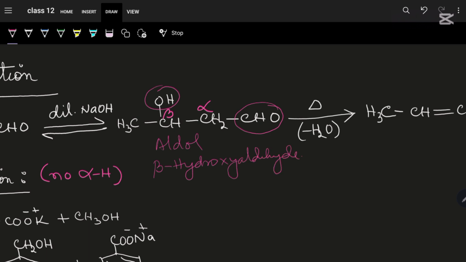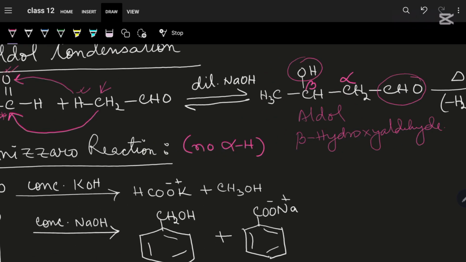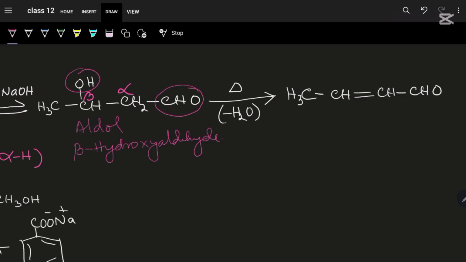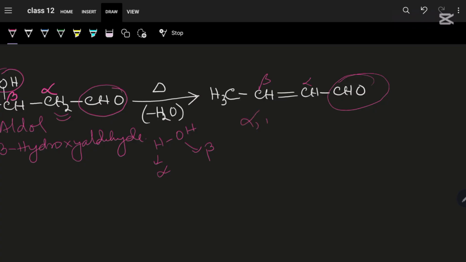If you obtain a ketol, that means you are starting from a ketone containing alpha hydrogen. Now when you heat it, condensation means removal of a neutral molecule. So when you heat, there is elimination of H2O from the alpha and beta positions: H is removed from alpha, OH is removed from beta carbon, and you get alpha beta unsaturated aldehyde as the final product.